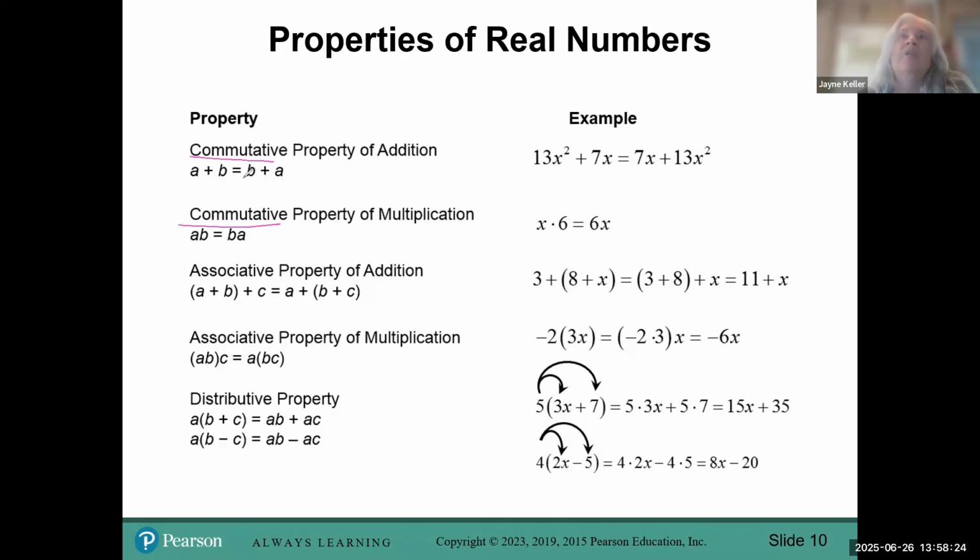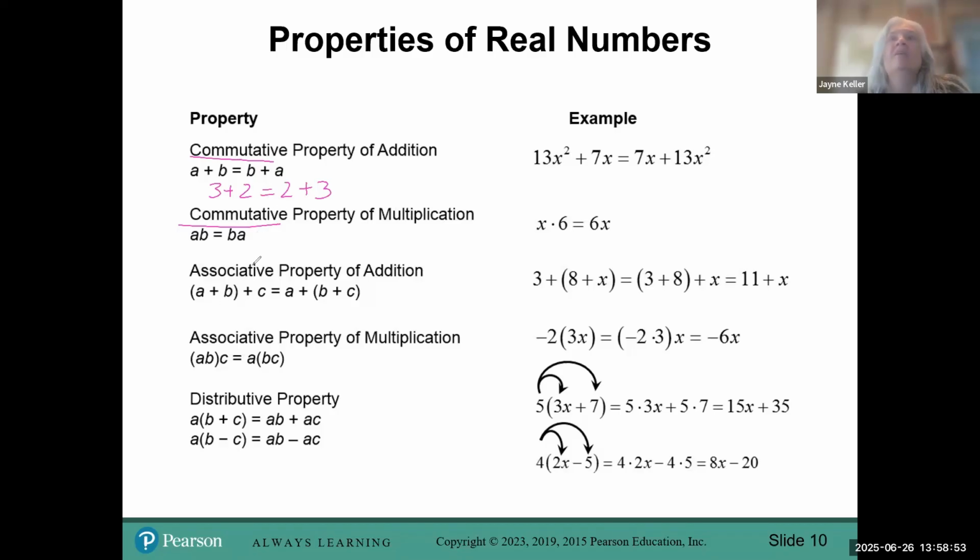So for example, a plus b is the same as b plus a, or 3 plus 2 is the same as 2 plus 3. So if I am adding two numbers and I don't like the order that they're written in, I can rewrite them in the other order, and I know that I'm going to have an equivalent expression. So I haven't changed the value, I've just changed the form of this. It also works with multiplication. A times b is the same as b times a.